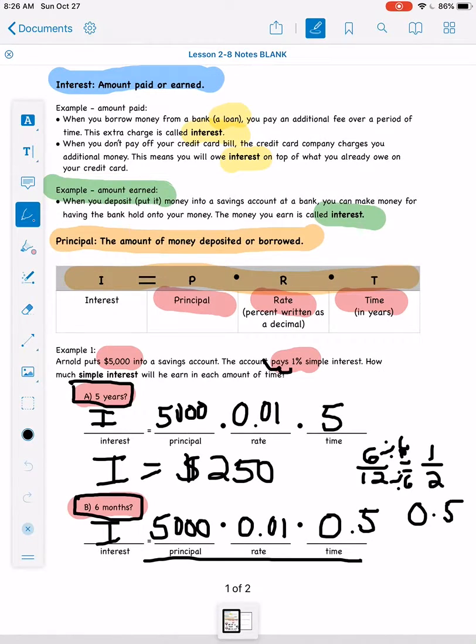So I know that my interest is equal to $25. Sorry, that looks horrible.